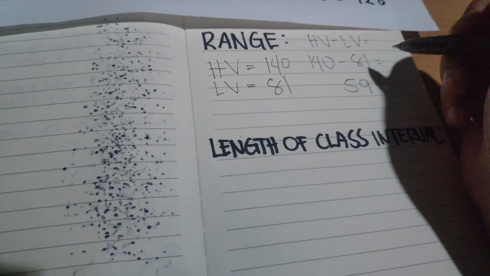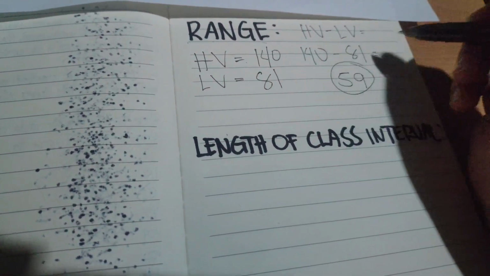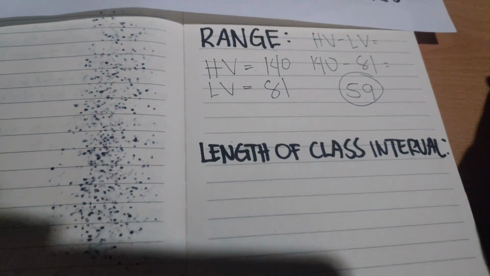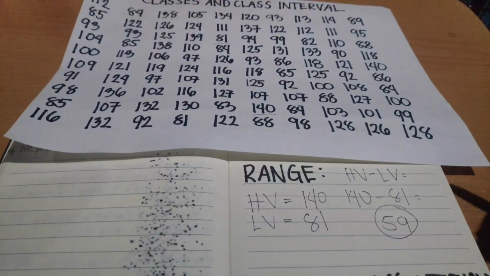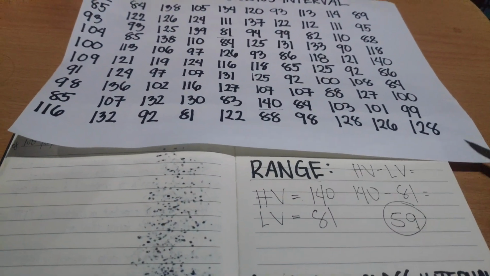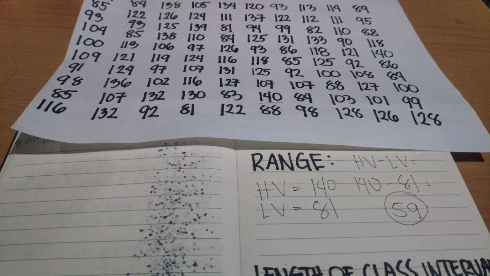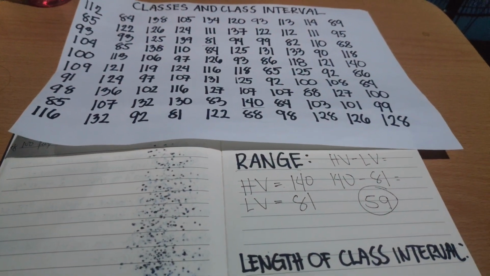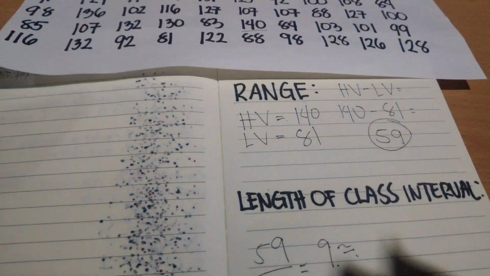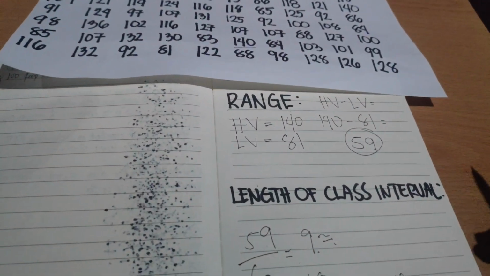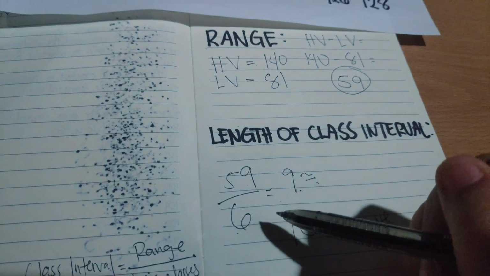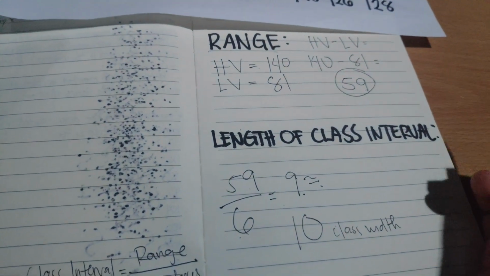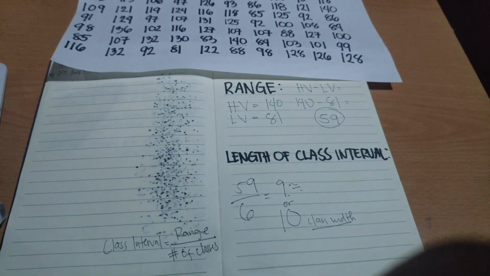And that's our range. Since our range is 59, so around 60, we can decide on the number of classes, which is 6.